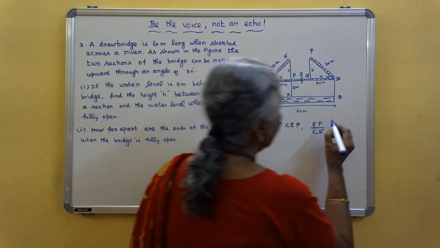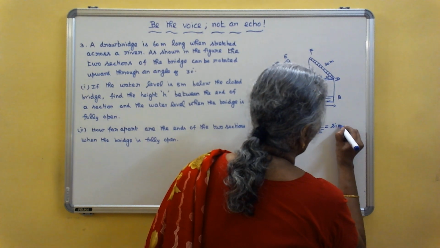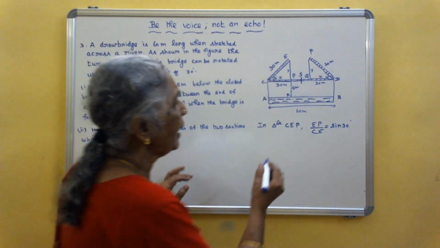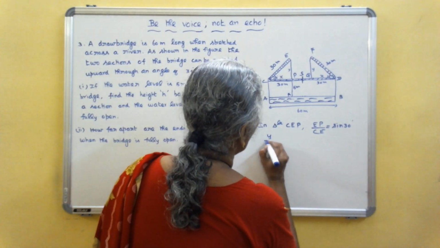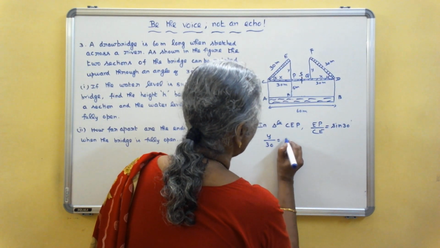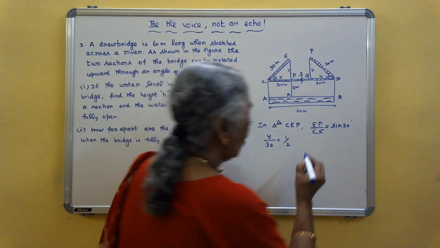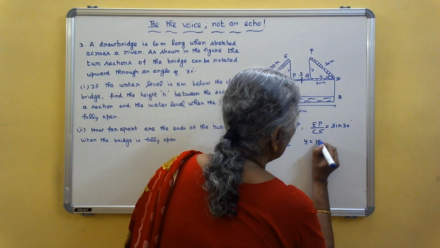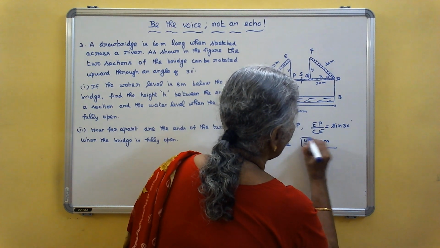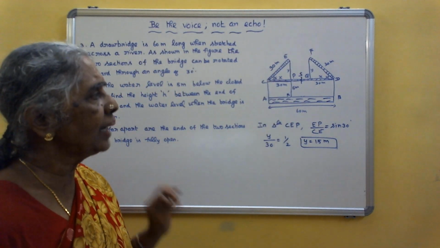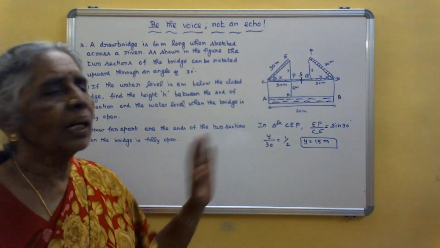What is it? That is sine theta, which is equal to sine 30 degrees. EP, we have taken as y, by CE is 30, that is equal to 1 by 2. So y will be 30 by 2, that is 15 meters. So this distance EP will be 15 meters.